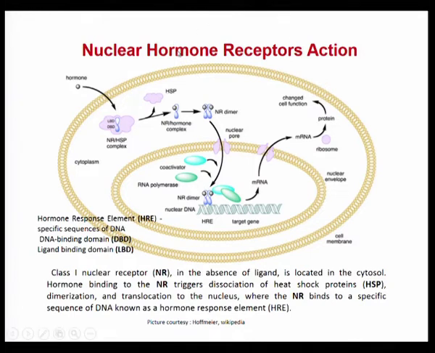Now, not all hormones have nuclear receptors, but all hormones have a receptor as a whole. So the question is, what receptor are we talking about? There are receptors present on the surface of the cell, and there are receptors present inside the cell, in the nucleus and in the cytoplasm.